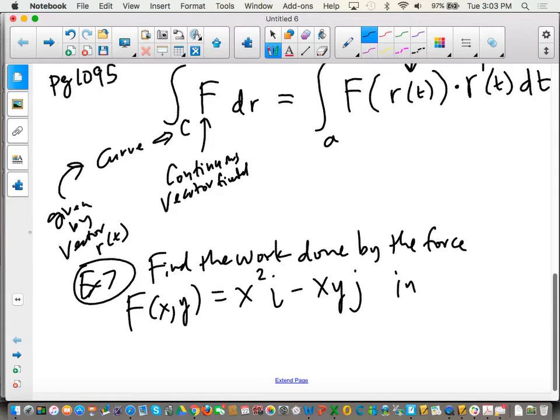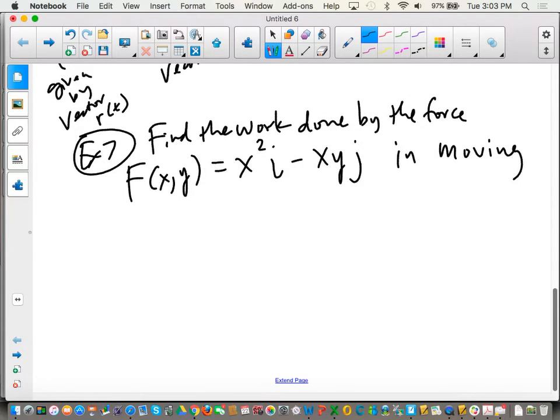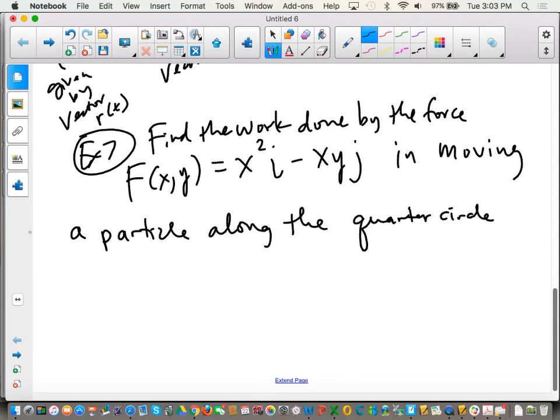So, the work done in moving a particle along the quarter circle r of t equals cosine of t i plus sine of t j.